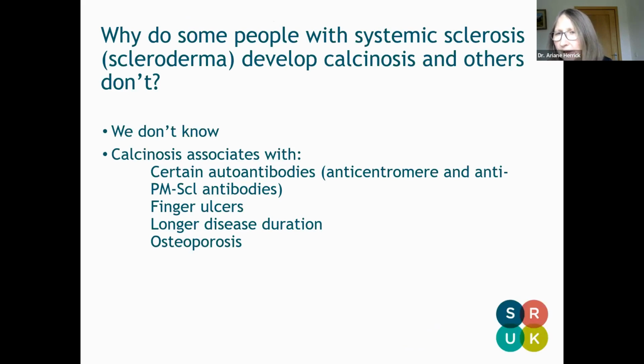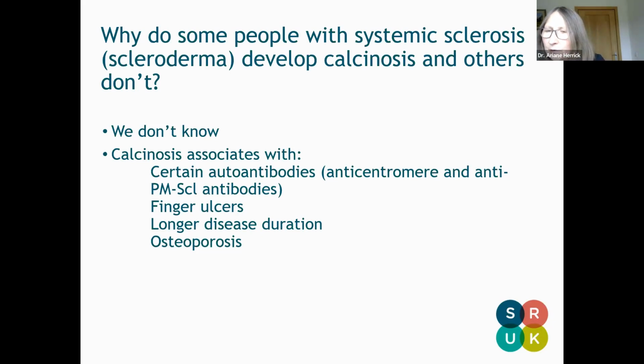So we don't really know why some people develop calcinosis and others don't. But we do know that there are certain factors which put people with scleroderma at increased risk of having calcinosis. These are pieces of a jigsaw puzzle. They're not all or none. Some of you will be aware that we tend to measure a number of different autoantibodies. These are a special type of protein in the blood, antibodies in people with scleroderma, and in a way they're helpful to us because they tend to associate with different disease characteristics.